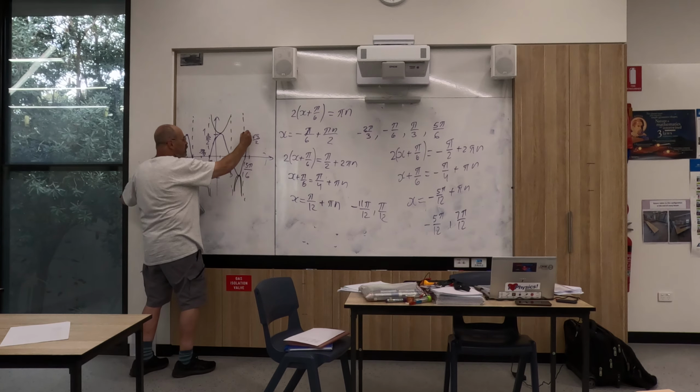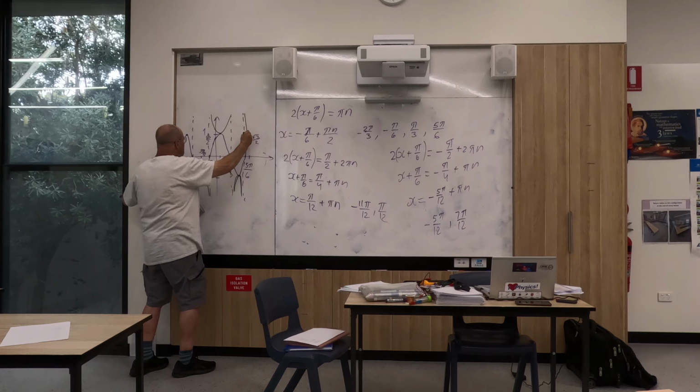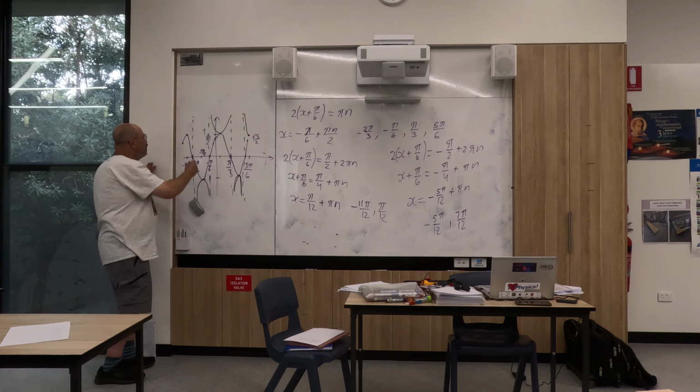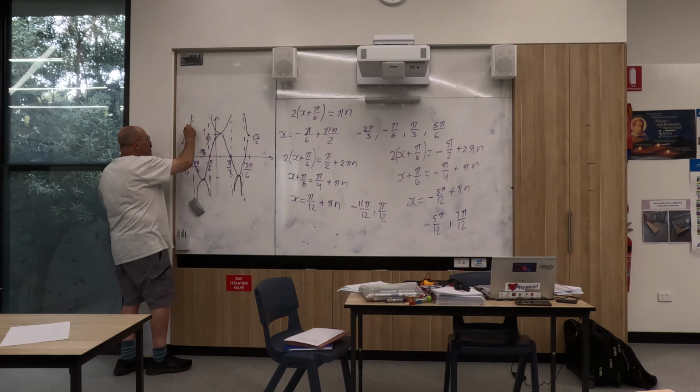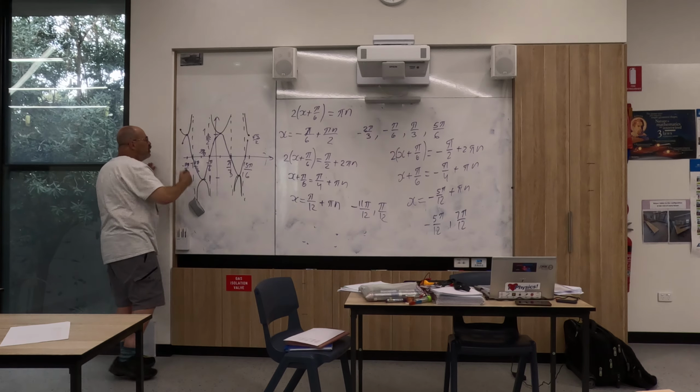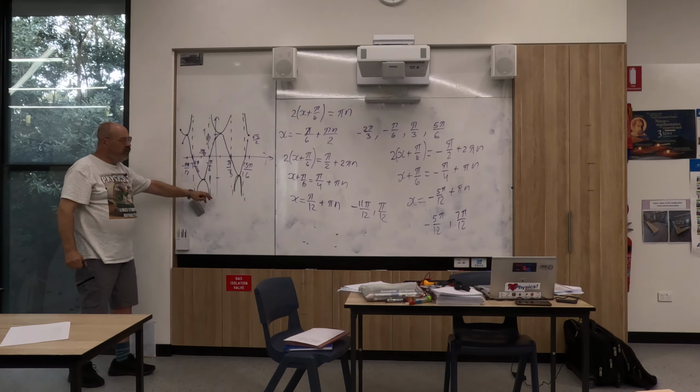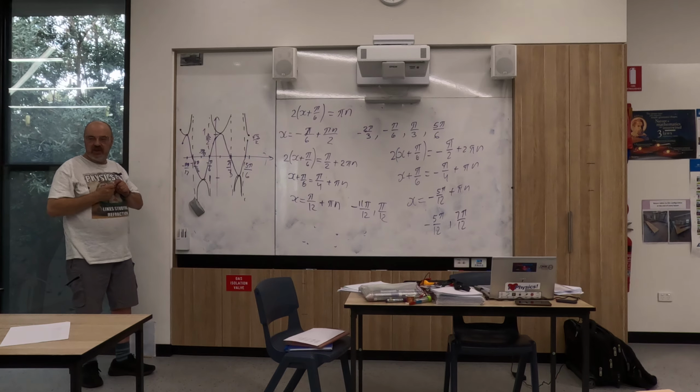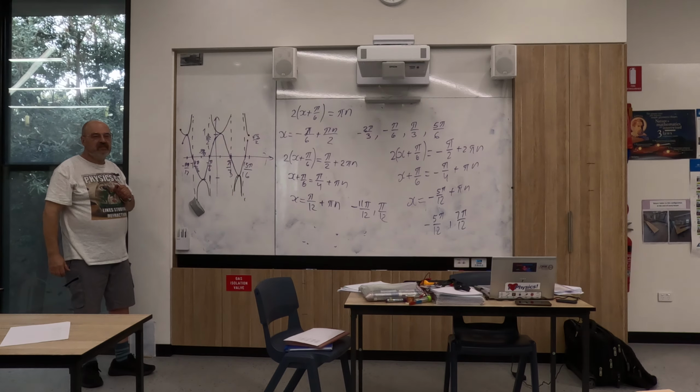And this will be going like this. And here we have it going like this. So this will be the proper graph of the reciprocal graph. Yes?